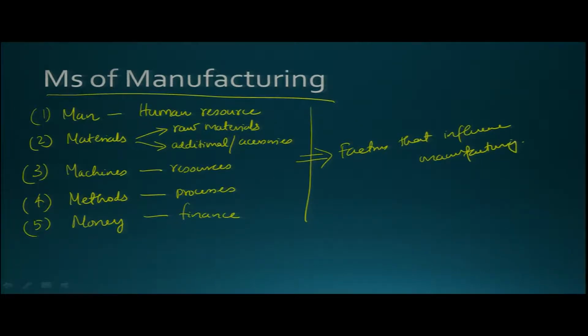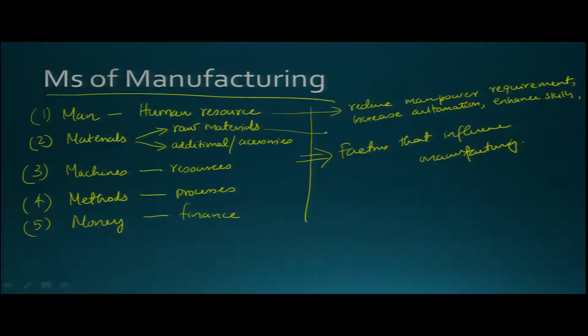So, there are many aims to this. If you think about the human resource, then you can say reducing manpower requirement is one goal, which would translate to increased automation. Another example is enhancing skills, like the Japanese do, cross training, and the like. So, these are all aspects related to man or human resources.